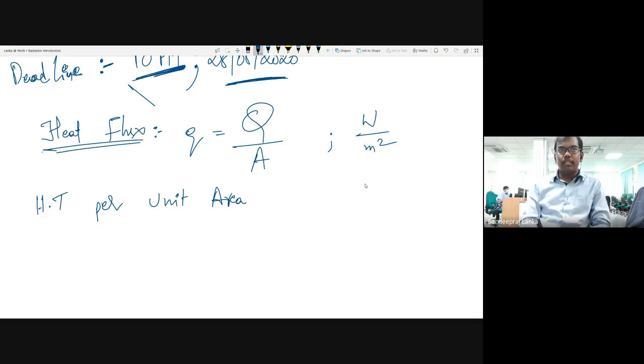Your area may be very small sometimes, and very big at other times, but to neutralize the effect of area, heat flux is taken. However big your heat transfer area can be, if the Q is divided by the area, that gives you the heat flux. So the small q gives you the heat flux value, measured in watt per meter square.